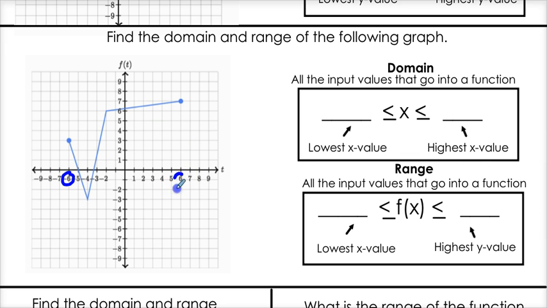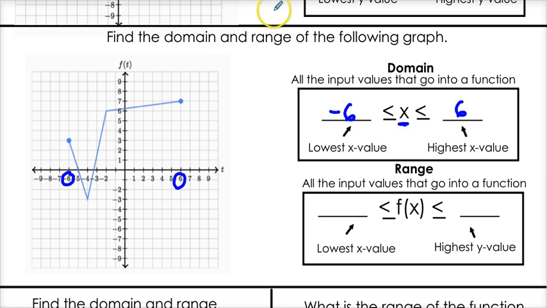So our highest x value would be 6. So the domain of this graph is from -6 to 6, right? Doesn't that make sense? That's all the numbers from -6 to 6. So -5, -4, -3, and it goes all the way up to 6. So x is between -6 and 6.